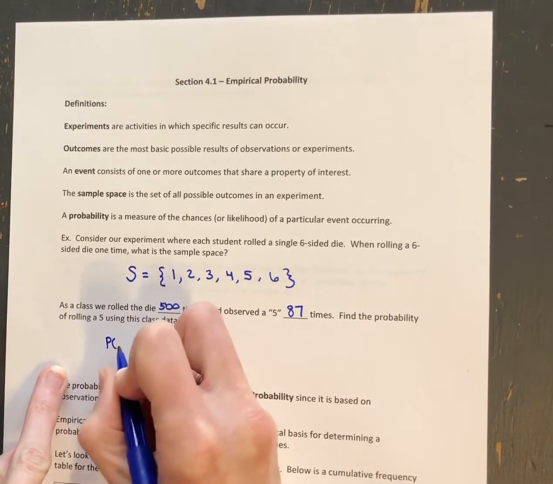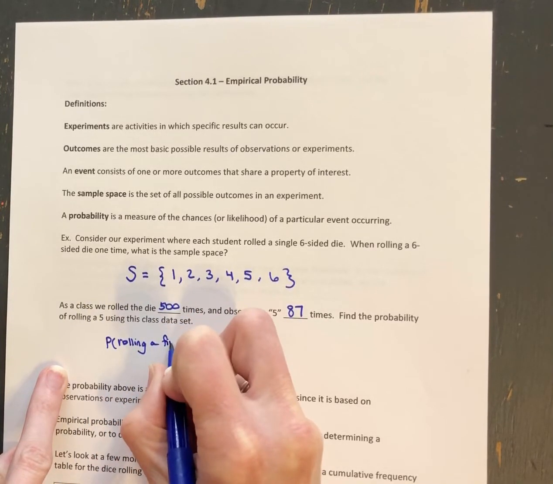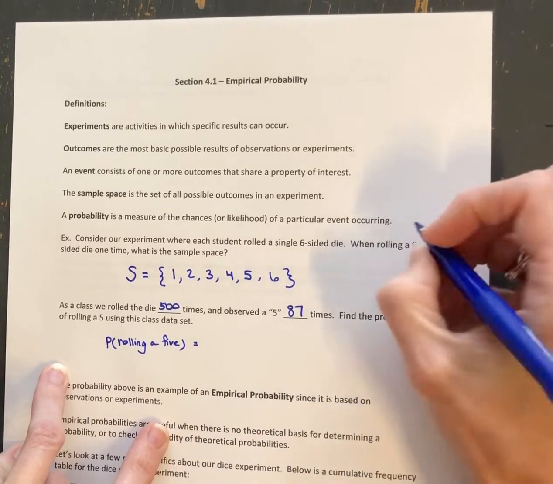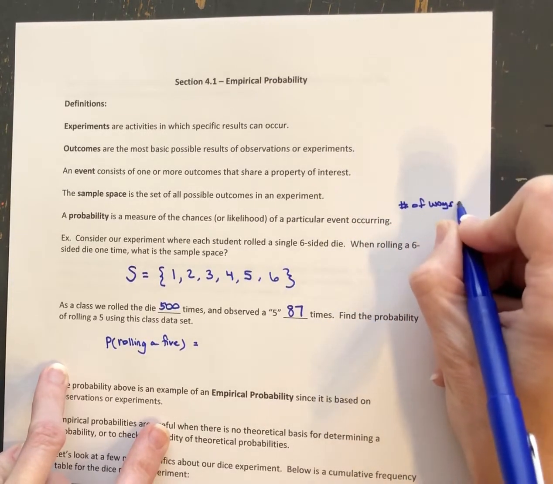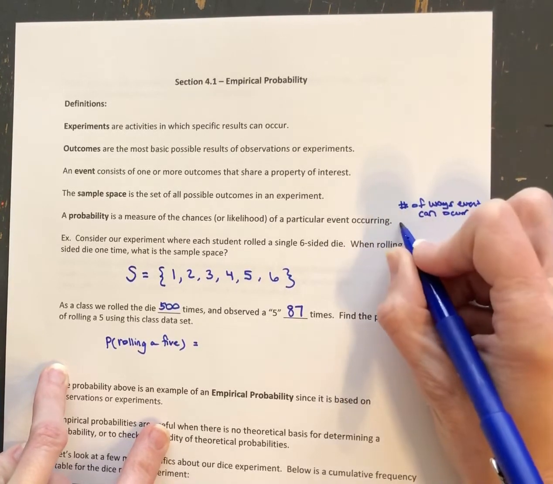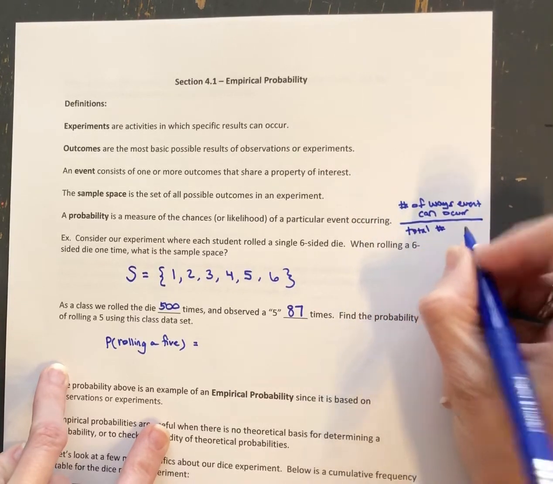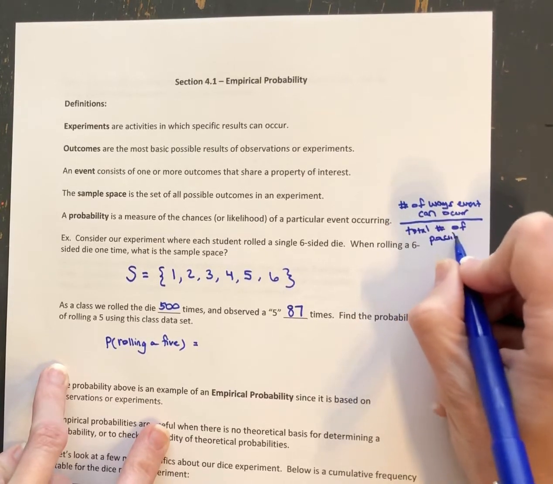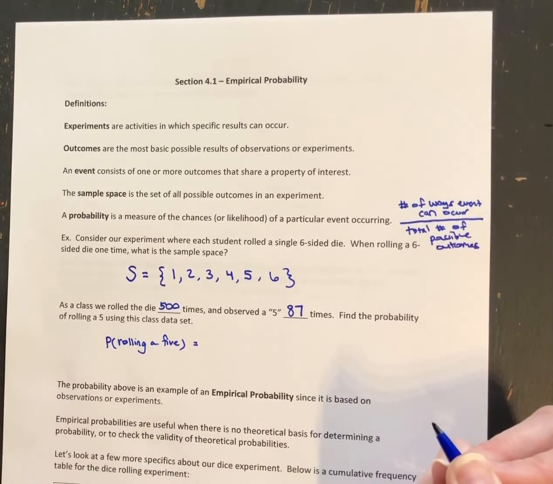So in general, the probability of a specific event, in this case rolling a 5, is going to be the number of ways the event can occur divided by the total number of possible outcomes, or the total number of trials.